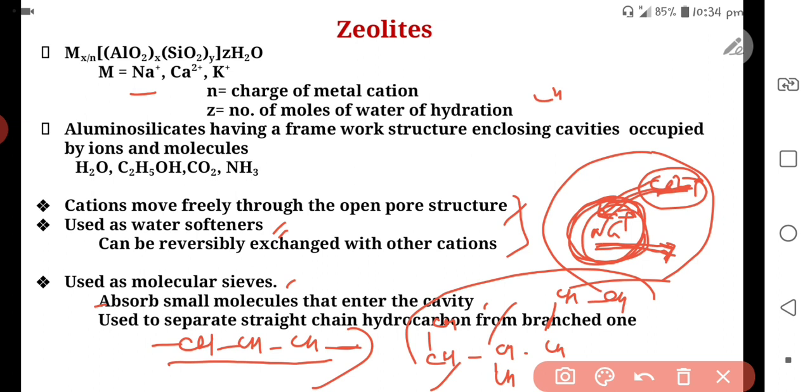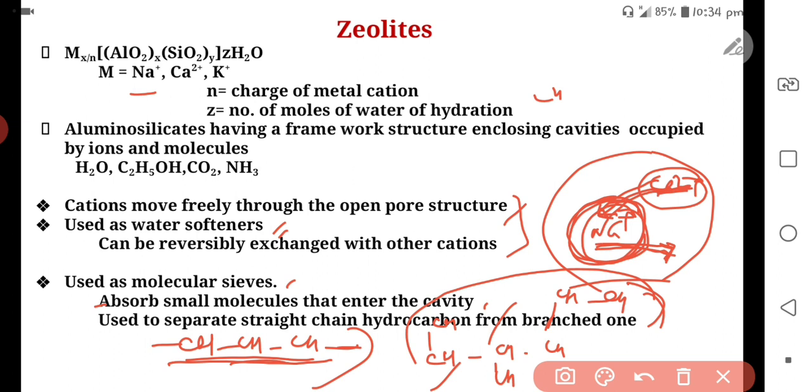So if we pass a mixture of straight chain hydrocarbon and branched chain hydrocarbon through zeolite, because of the small size, the straight chain hydrocarbon will enter inside the cavity of the zeolite. What is left outside is the branched hydrocarbon. Thus we can separate straight chain from branched chain. We are just sieving it based on size.